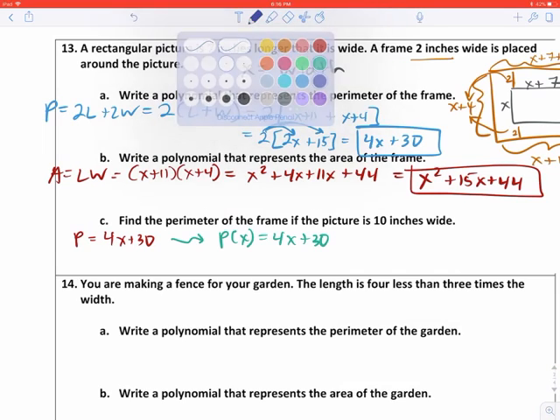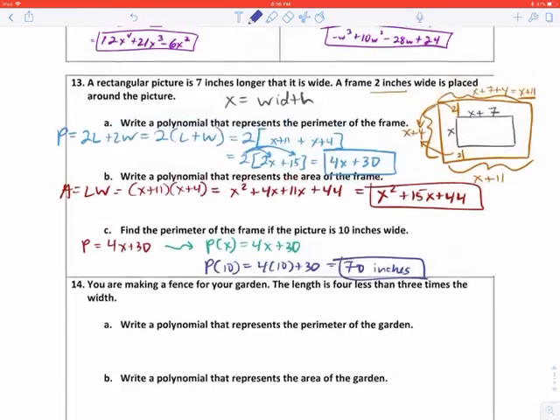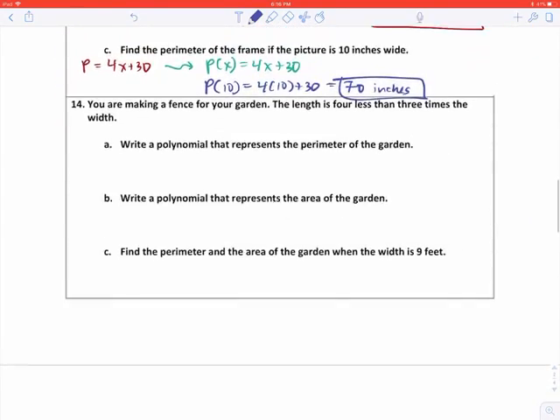So if I know that the width is 10, I'm going to plug 10 in for the x, and get 4 times 10 or 40 plus 30, which is 70, and then I'll go ahead and use my unit of measure, which is inches.